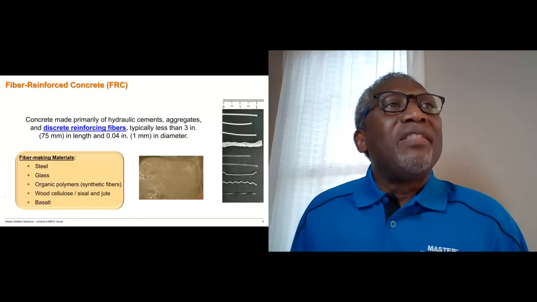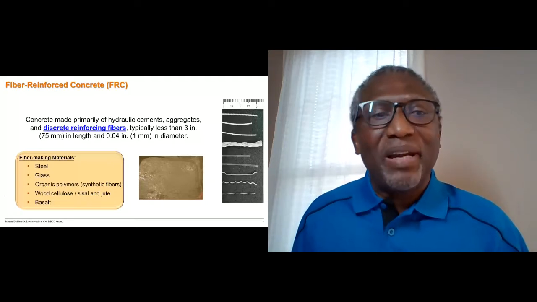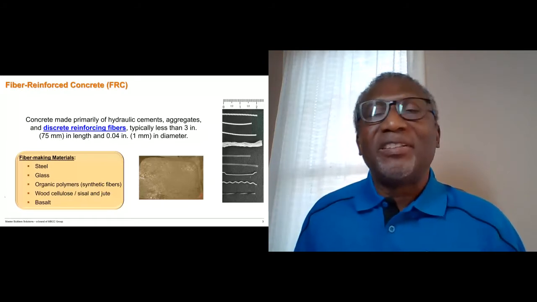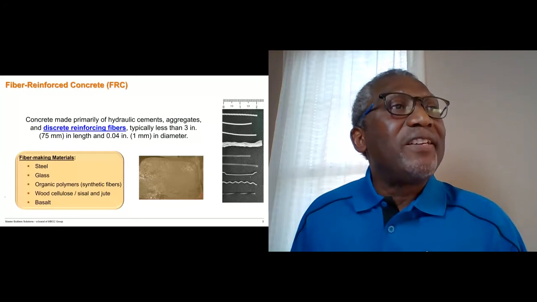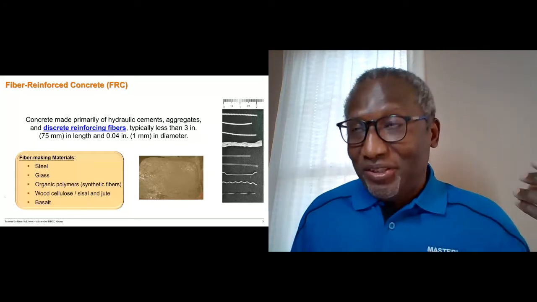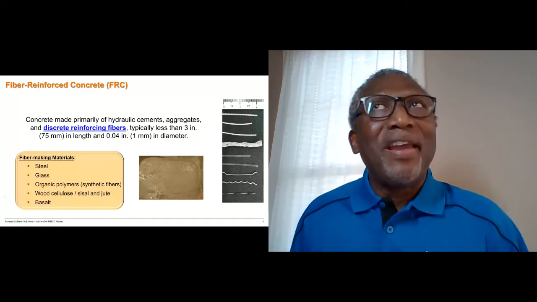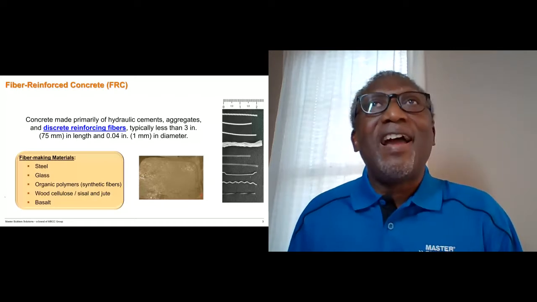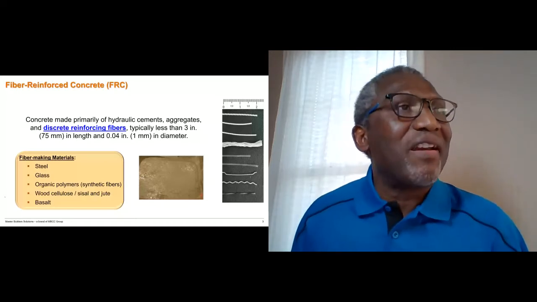Now, what's important is that there are different types of fibers in the marketplace, and fibers are distinguished by the material that's used in making the fibers. So we have steel fibers, and glass fibers, and if you have to use glass fibers, you need to make sure that they are alkaline resistant. Otherwise, they will disappear in the concrete. They will actually react in the concrete.